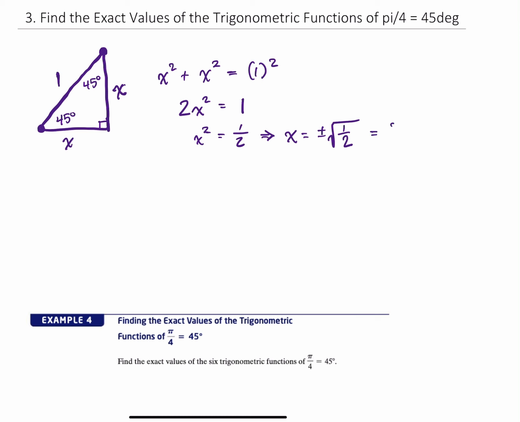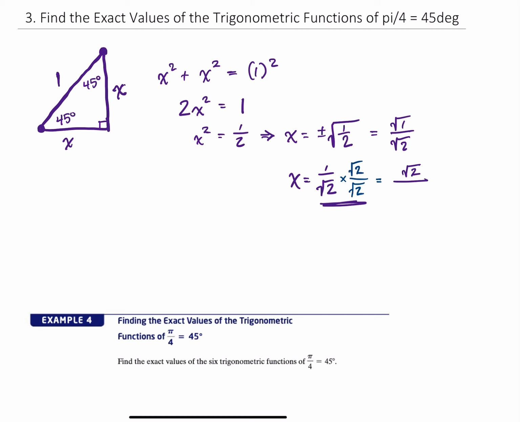And we can write this as square root of 1 over the square root of 2. The square root of 1 is just 1. So that means we can say x equals 1 over the square root of 2. And then you usually see this rationalized, meaning to rationalize the denominator, if you have a square root in the denominator, you want to multiply your fraction top and bottom by that root. So on the numerator, we'll have root 2.